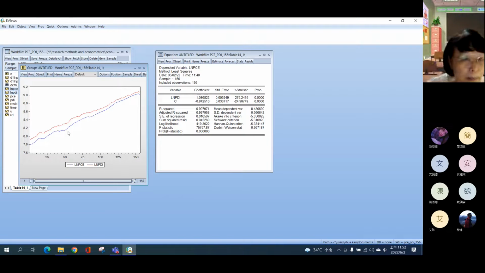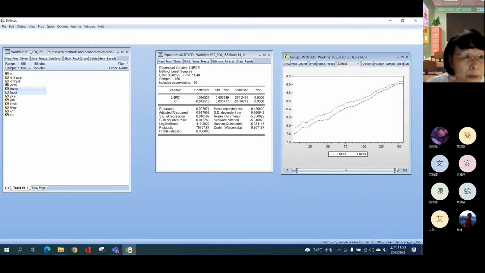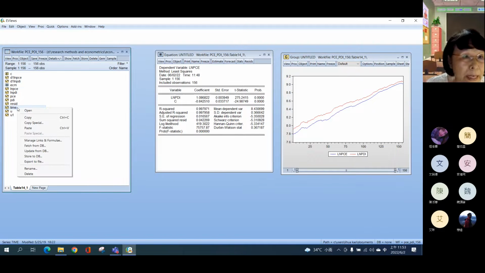Since we all see the trend up, one way we can solve the problem is to add a trend variable. What do we mean by a trend variable? The trend variable is the variable which shows the period number. This example is quarterly data, so let's look at the time variable.